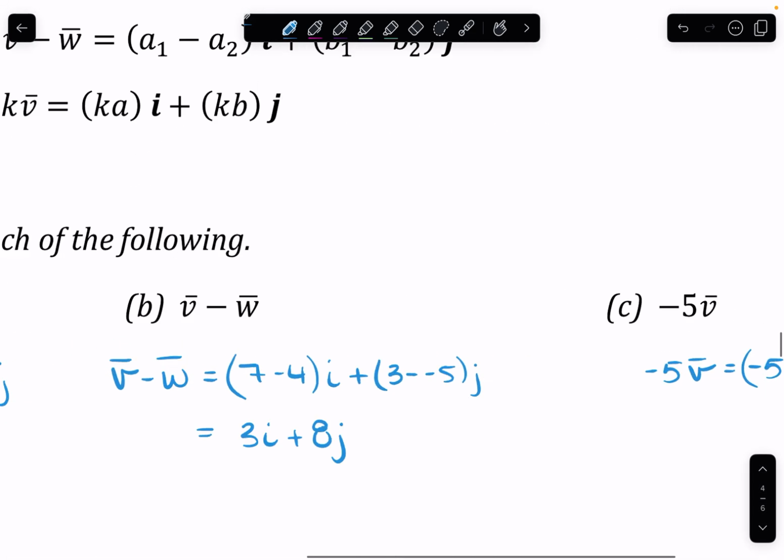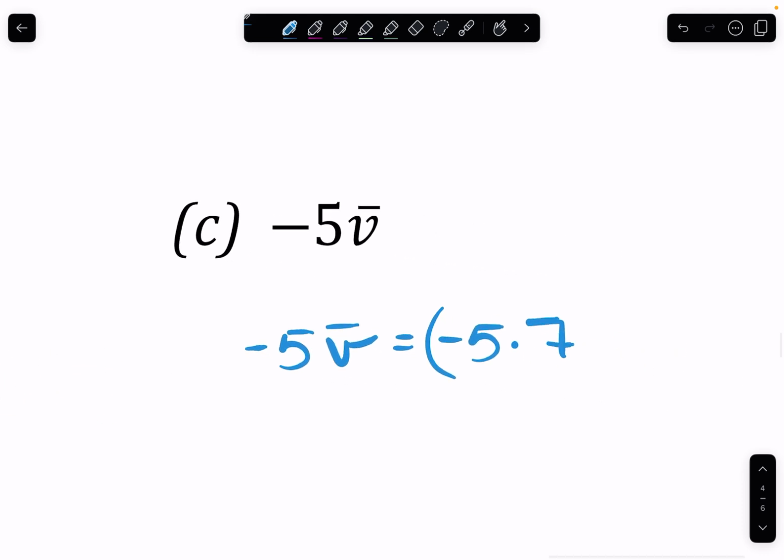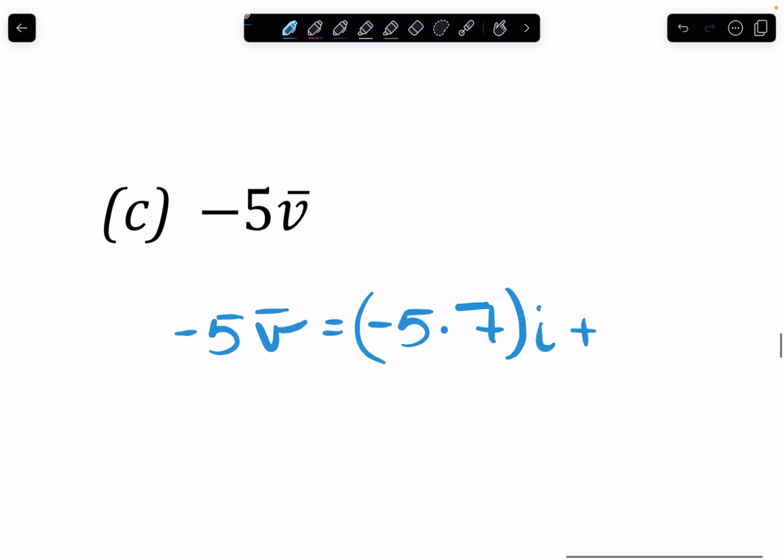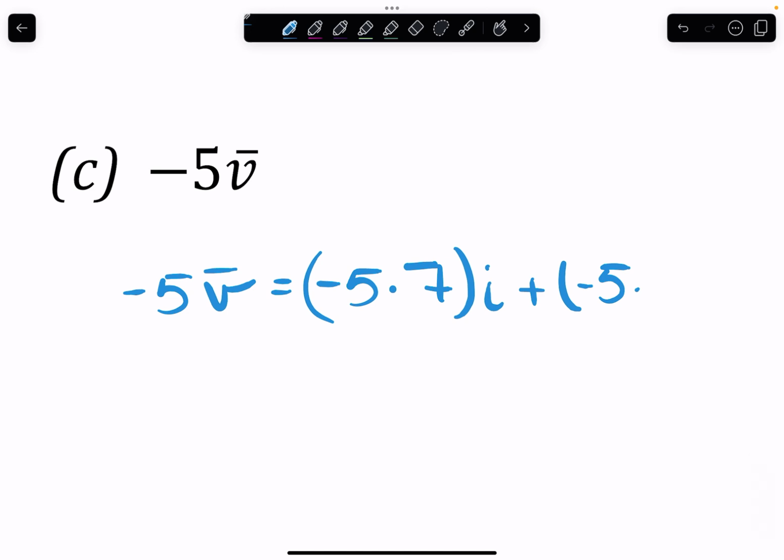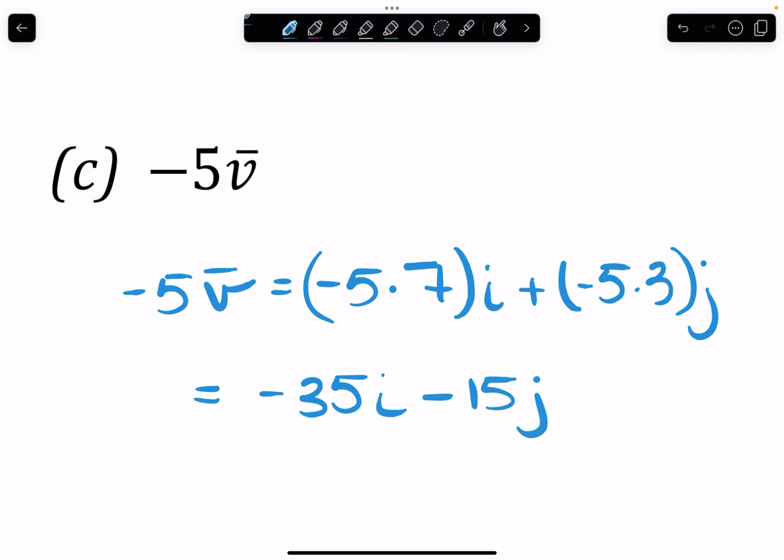Yes, 7 and 3. Plus negative 5 times the j portion, which was 3. And that gives us negative 5 times 7, negative 35i, plus, or I guess I should do minus 15j.